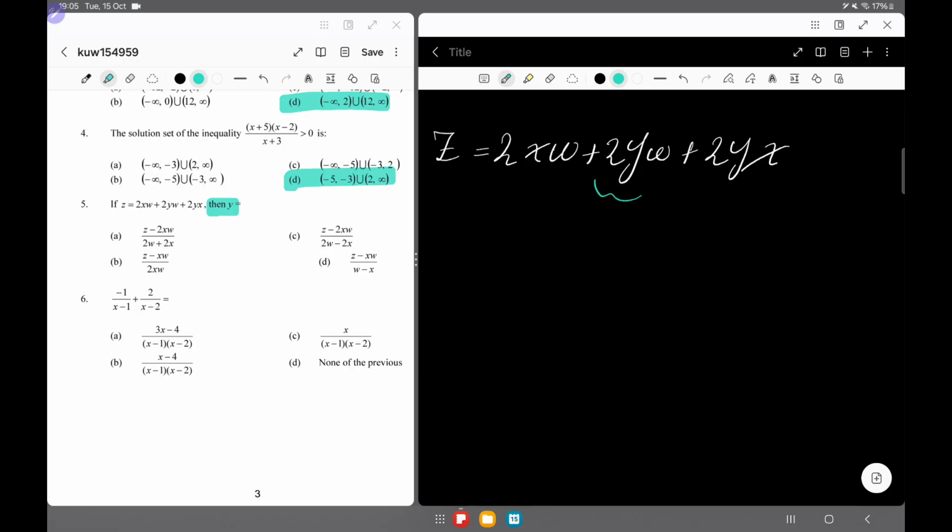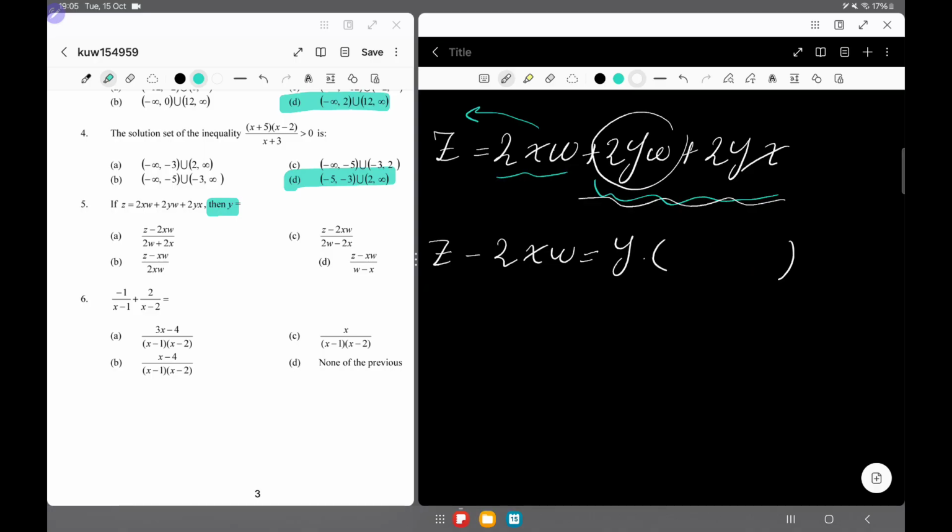I have this y, so we have to shift the other term to the other side. I need y alone: z minus 2xw equals 2yw plus 2yx. These have a common factor. What is the common factor? It's y. So it will stay 2w, and this 2x.